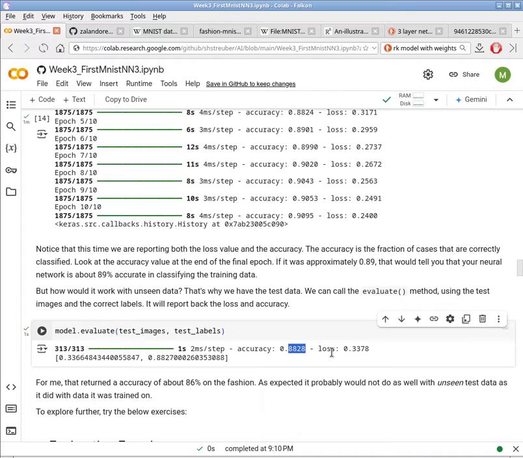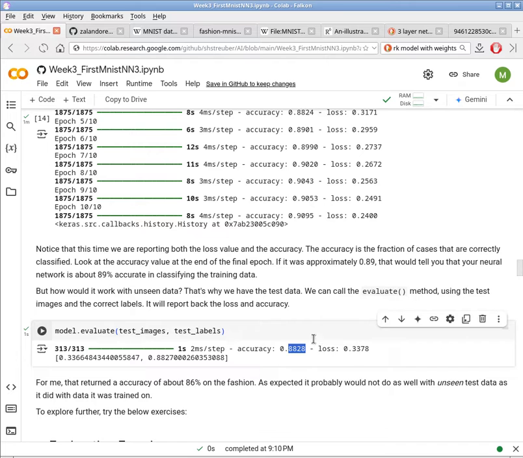So it's only 3% worse, but wait a second. With that much data, why should it be worse at all? The test images were just taken from the same data set. These are big numbers. So what's going on here?